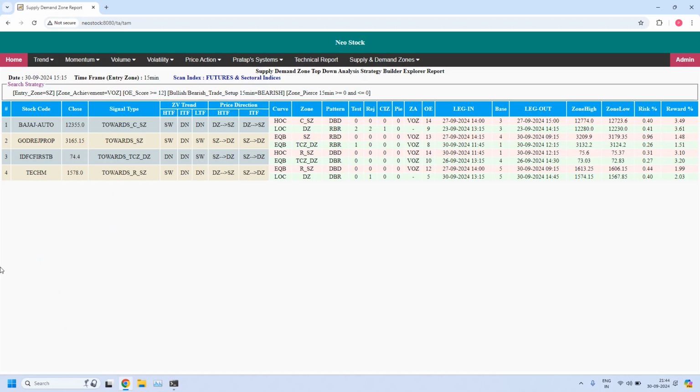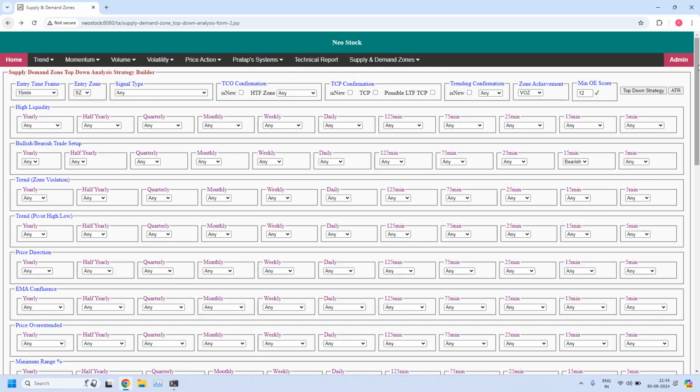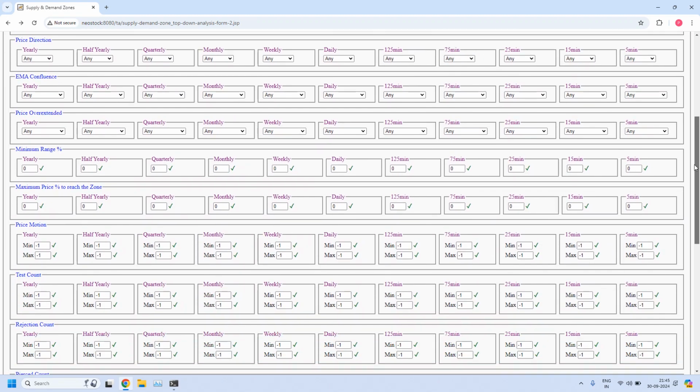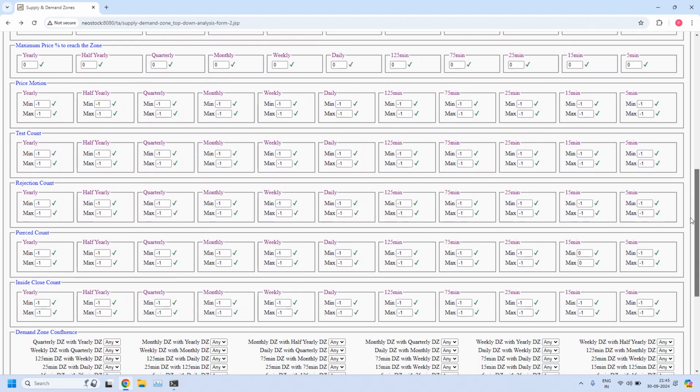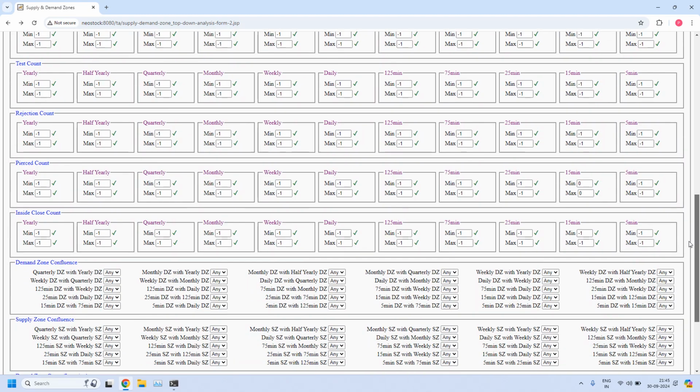Now let's verify how many of these zones are having ITF confluence, supply zone confluence. That means 15 minute supply zone should be part of the 75 minute supply zone, that is ITF confluence. So in the supply zone confluence, I am enabling the filter 15 minute supply zone with 75 minute supply zone.